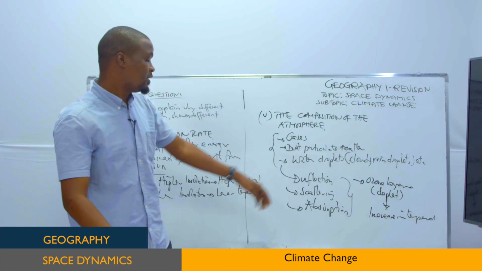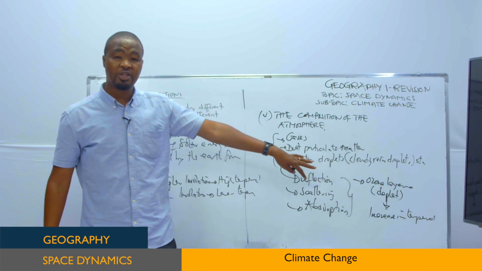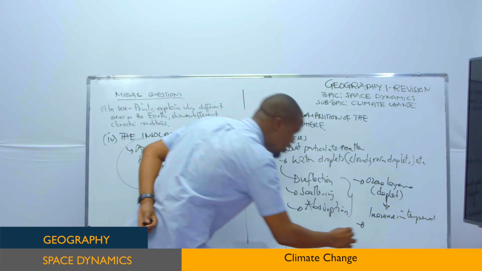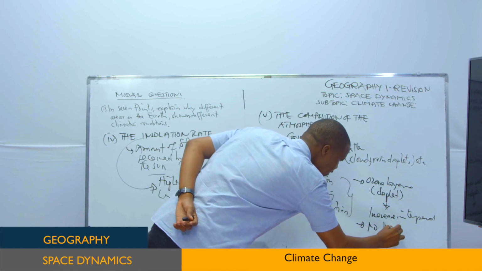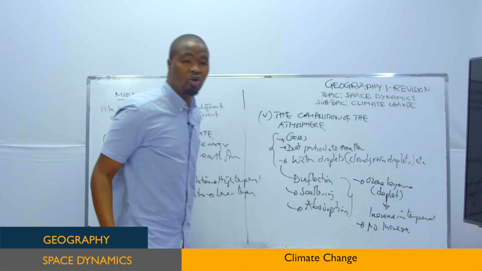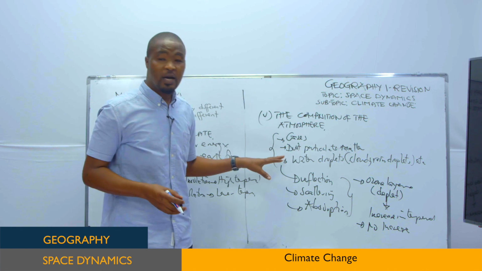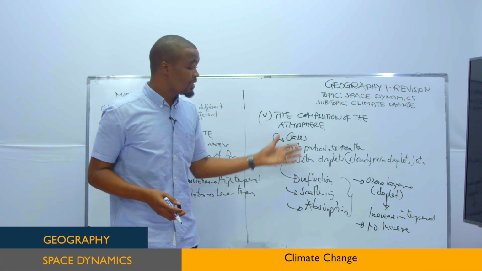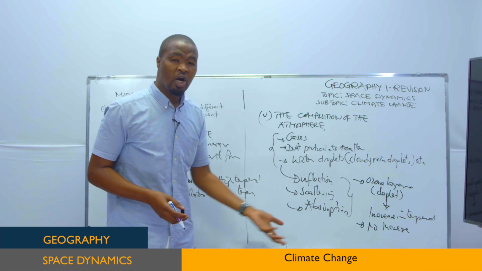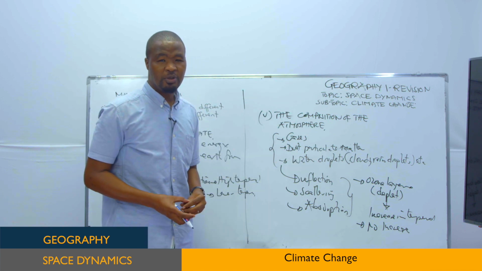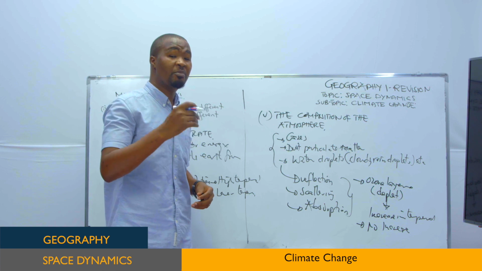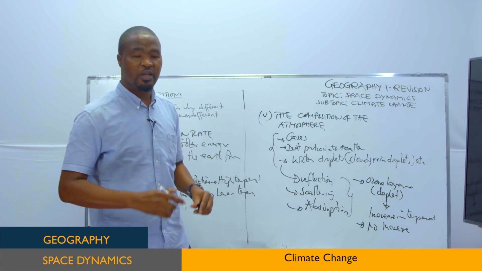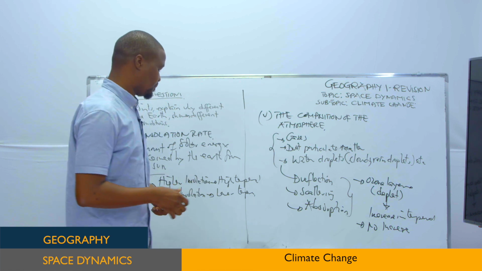So this is one among the compositions of the atmosphere. If it does not deplete, it means there will be no increase in temperature of the area. So as you can see, we have different materials that compose the atmosphere, which at the end may result in an increase in temperature or not, in a given area, which later will mark the variation of temperature or climatic condition of different areas over the Earth's surface.